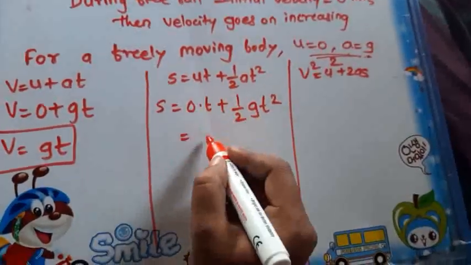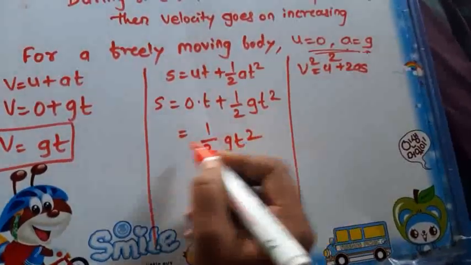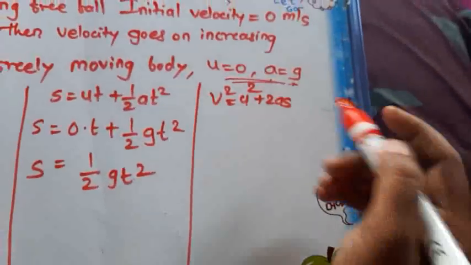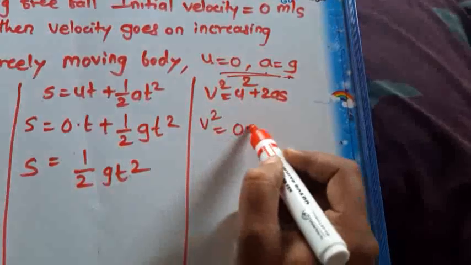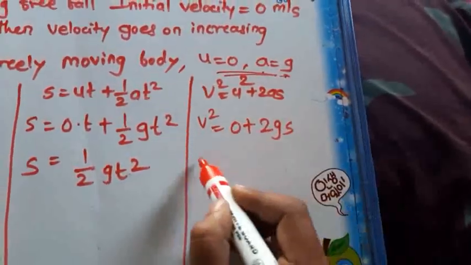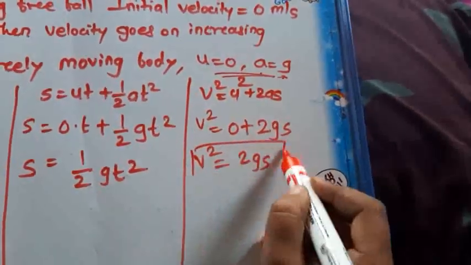This term will become 0, and only 1/2 gt² remains. So the second equation will be transformed into this. And next, v² = u² + 2as, where u will become 0, plus 2 and instead of a, g, s. So v² = 2gs. This will be the third equation.